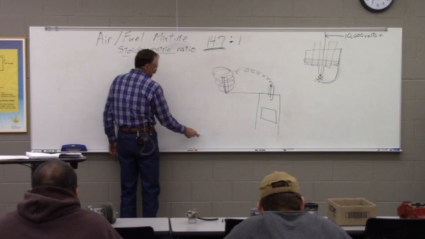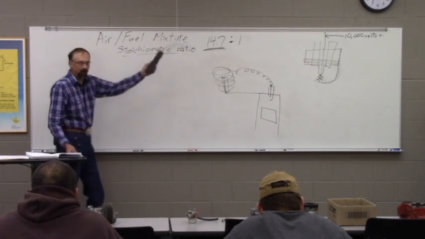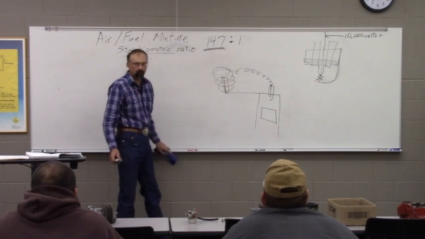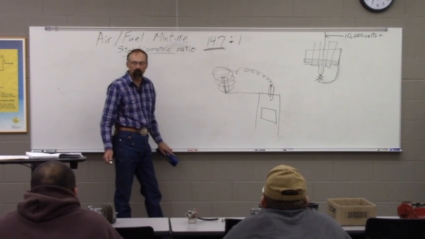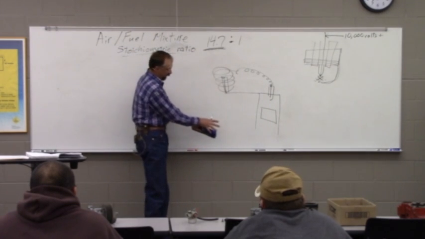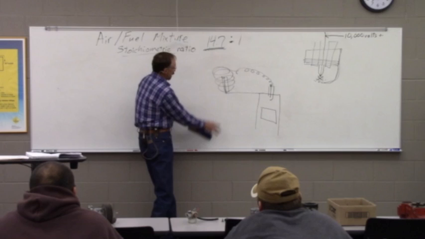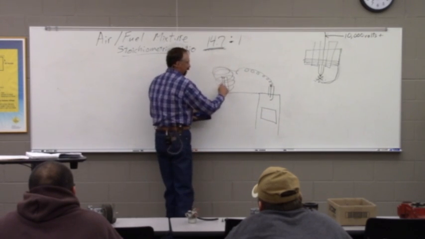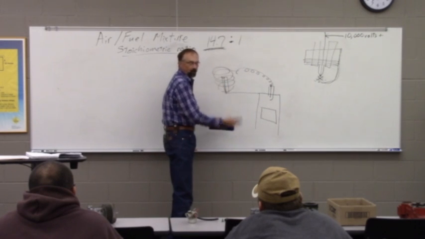What happens if we take a magnet, let's pretend this is a magnet, and we swing it past that? Right. The magnetic field that's around this magnet swinging through this winding actually creates a pulse of electricity.